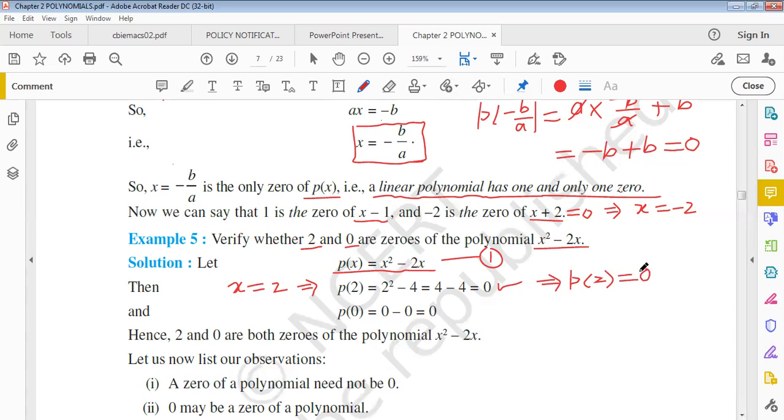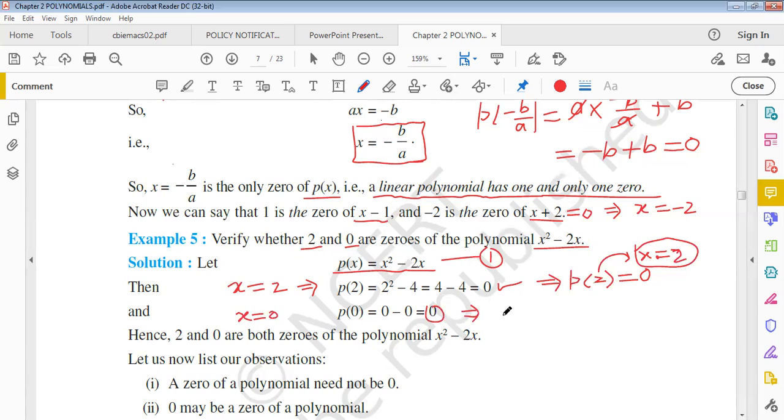That means x equals to 2 जो है इसका एक 0 होगा. x equals to 2 is a zero of the given polynomial. And दूसरे जो वैल्यू दी हुई है 0, इसको पुट करेंगे. Put x equals to 0. So at the place of x put 0. So square of 0 is 0 and 2 into 0 is 0. 0 minus 0, it is again 0.